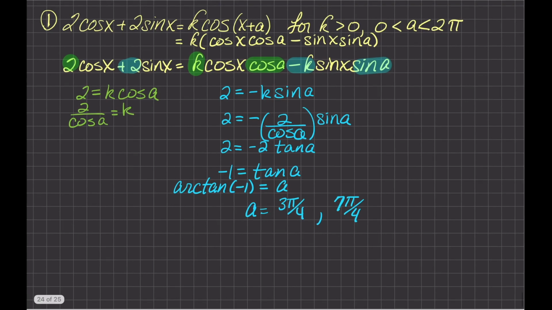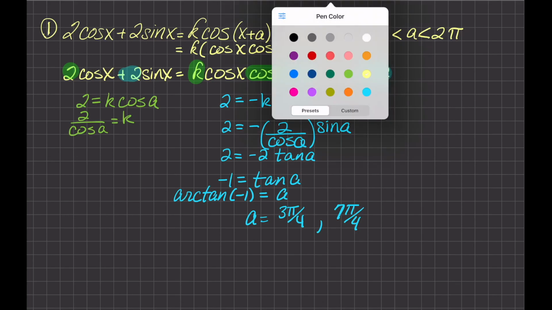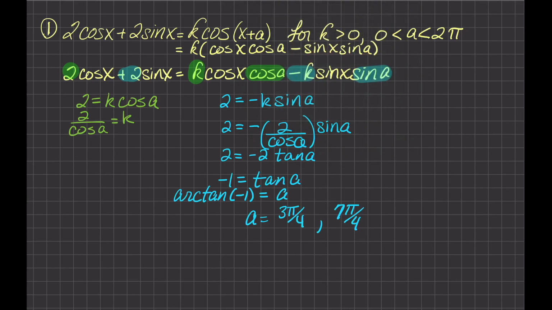Let's take these values of A and put them back into either one of these equations. We're going to put them back into our first equation here of 2 times the cosine of A and see what we get. We'll do it in white. We have 2 is equal to k times the cosine of A, and we're working with A equal to 3 pi over 4.